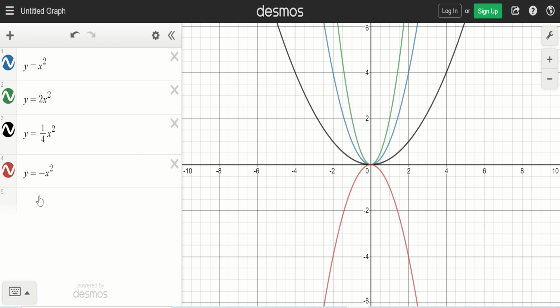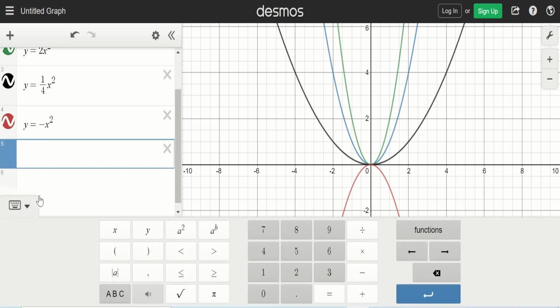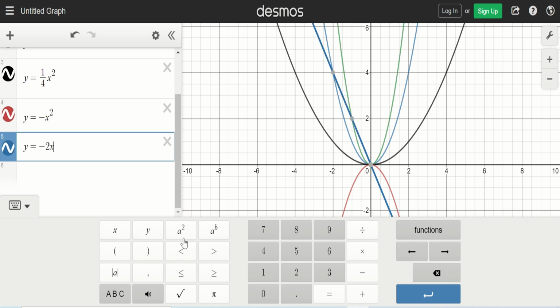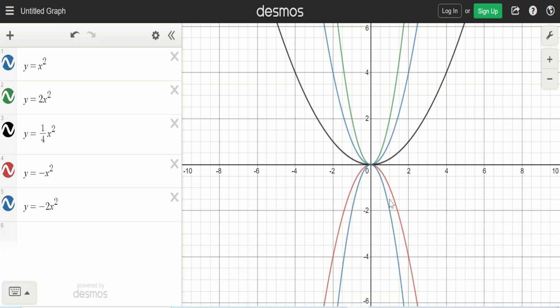So let's say that the other graph will be y is equal to negative 2x squared. So see, it becomes narrower also, same as with y is equal to 2x squared. Only this one opens downward while the other one opens upward, since the value of a is negative.